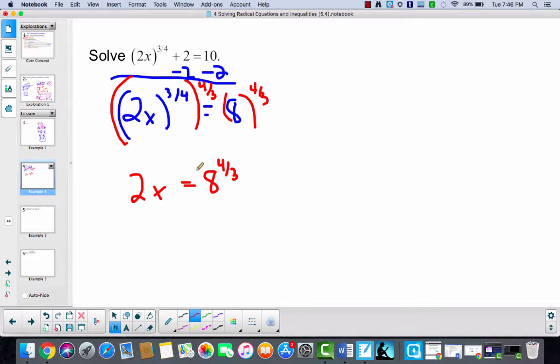Okay. Now I need to think about what this means. I don't want to divide the 2 yet until I get this simplified, because this 2 and this 8 are not the same base, so I can't do anything with that yet. Well, this says to the 4th power of the cube root, so I could write the cube root of 8 to the 4th power. But I should know what the cube root of 8 is. The cube root of 8 is 2.